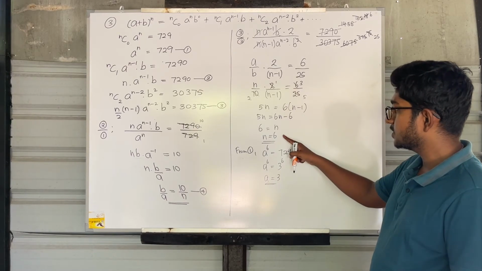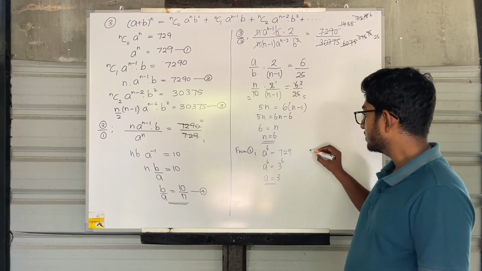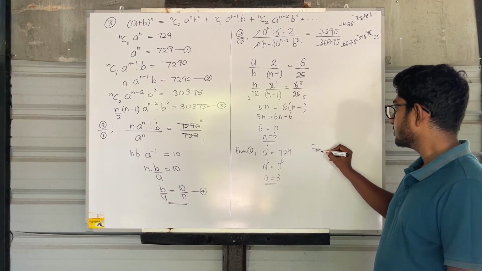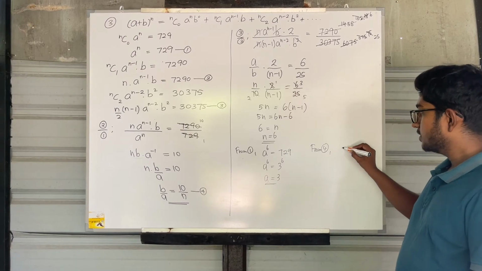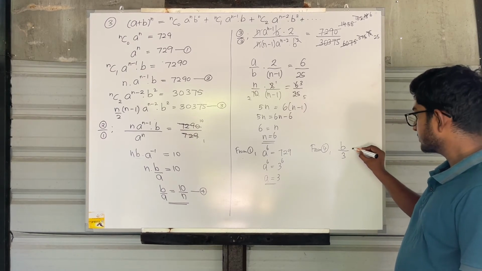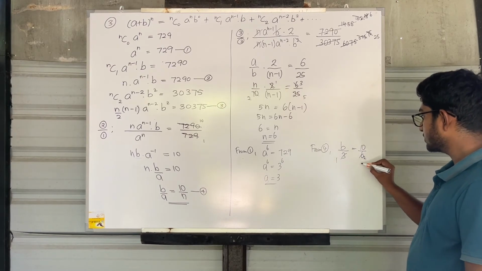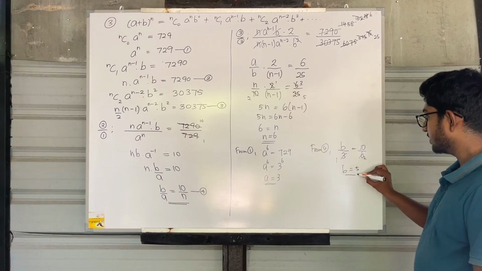Now you can substitute 6 and 3 here in 4. From 4, B over A. A is 3, 10 over n. N is 6. 3 times 1, 3 times 2. B is 5. Next problem.